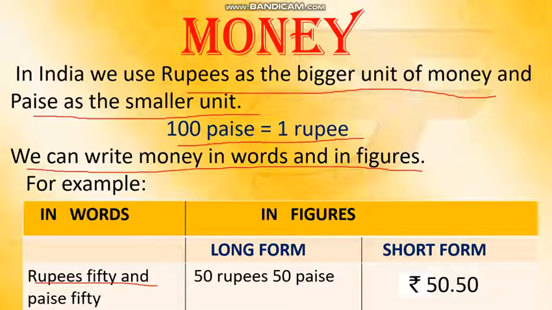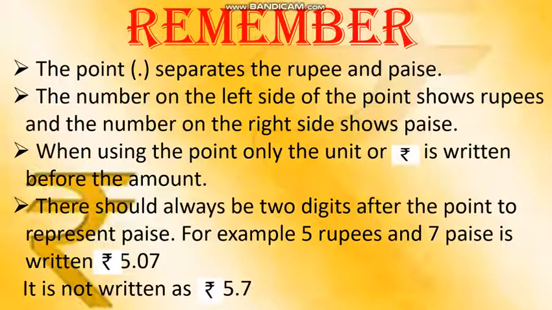In long form, we write this amount, 50 rupees 50 paise, like this. In short form, first we write the symbol of rupees and then 50.50. Remember, the point separates the rupees and paise.